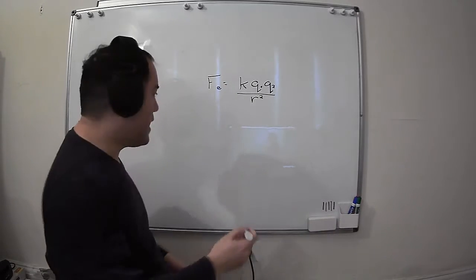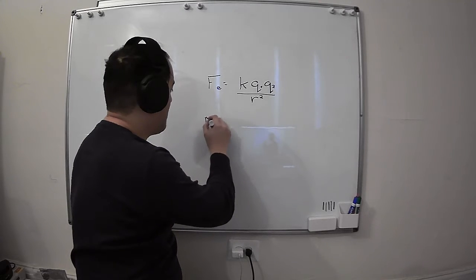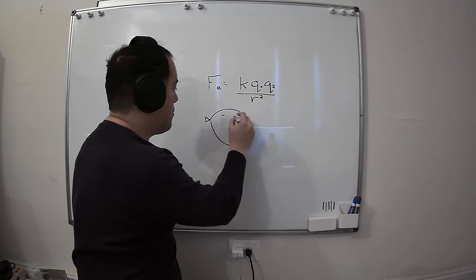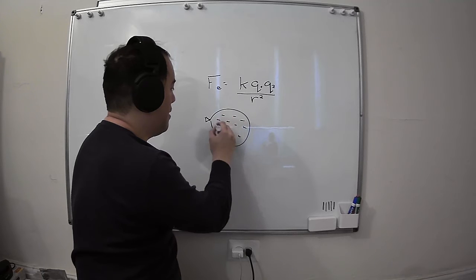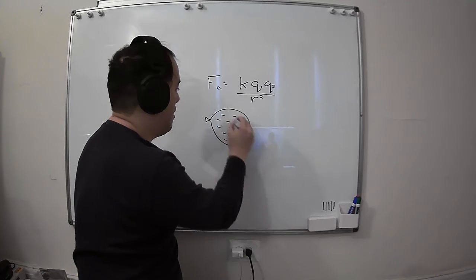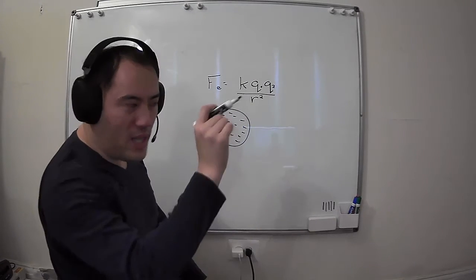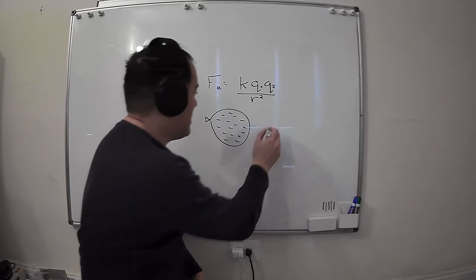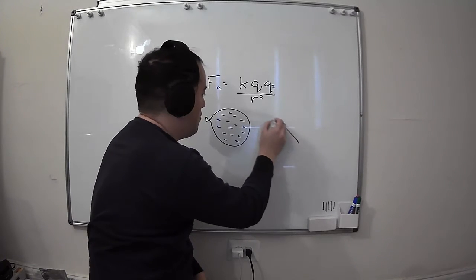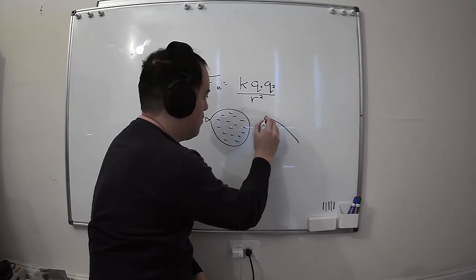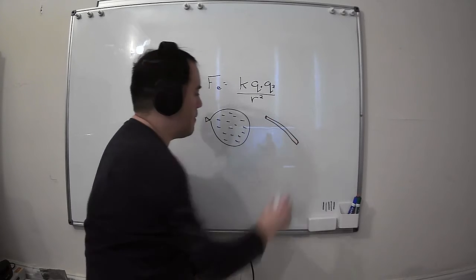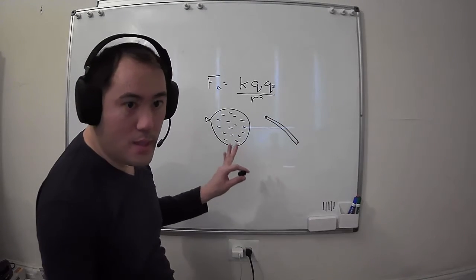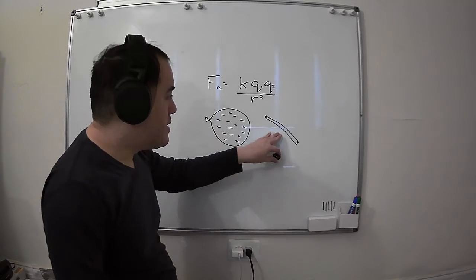Here we have a nice diagram. Here's my balloon. The whole thing's negative. And let's draw one single feather filament. Okay, there we go. I didn't draw any signs on the feather filament.